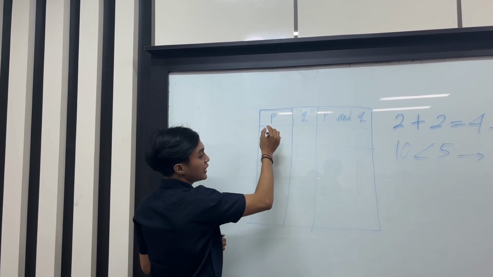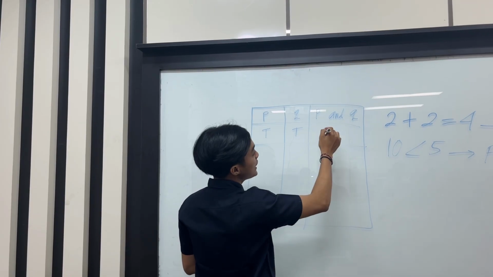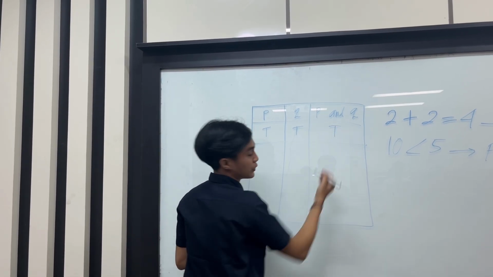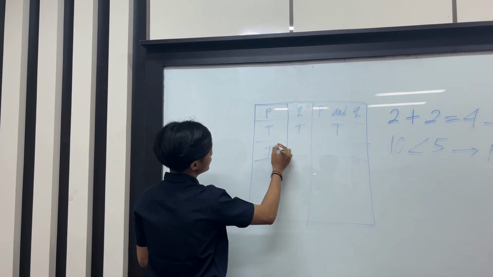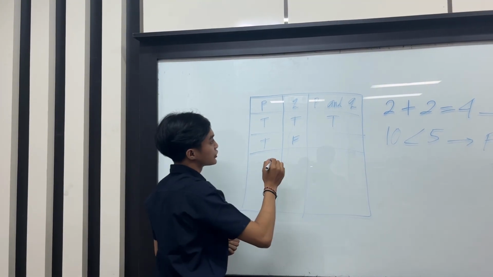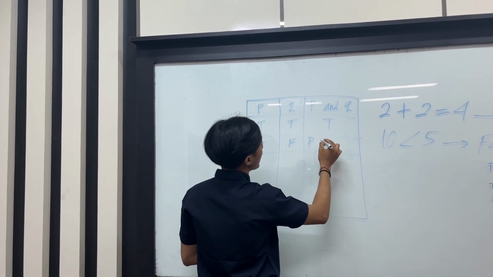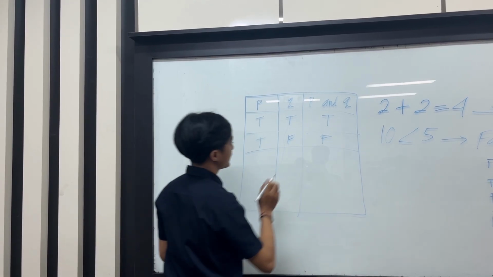If P is true, Q is true, so P and Q is true. If P is true, Q is false, so P and Q is false.